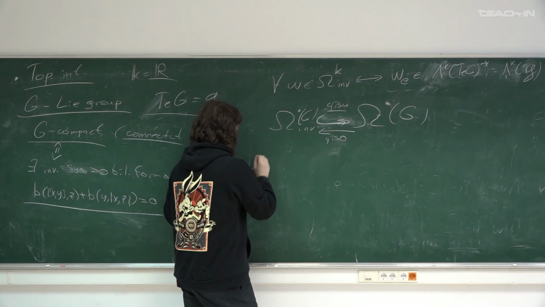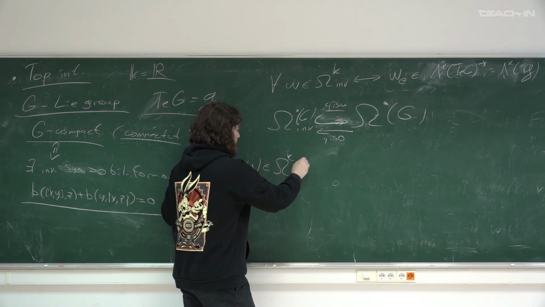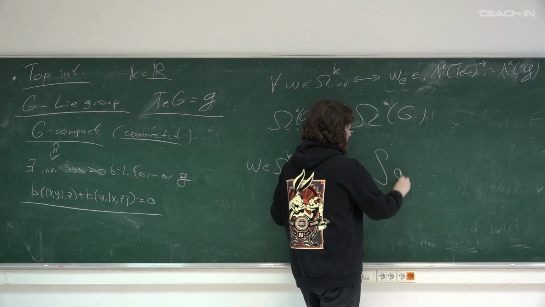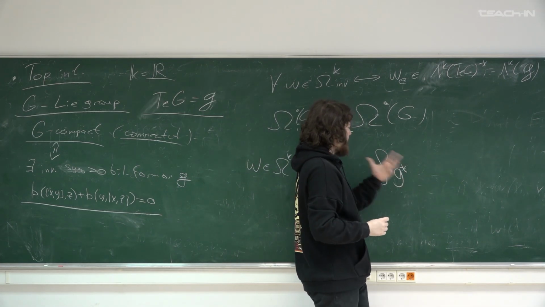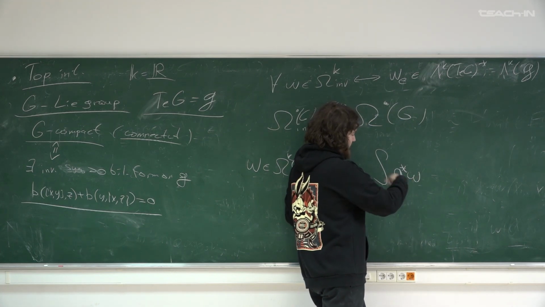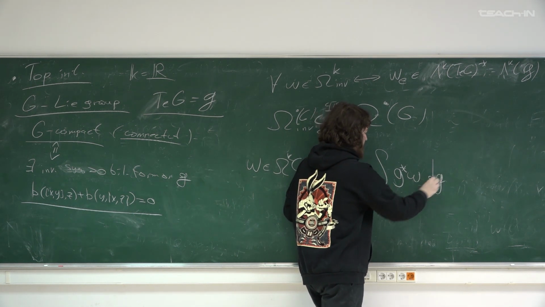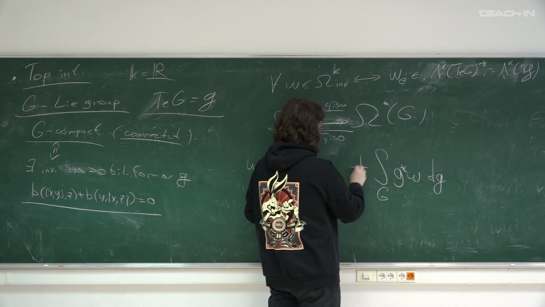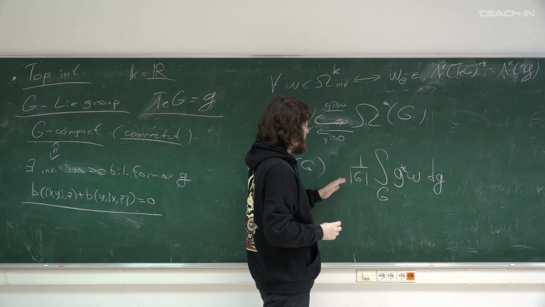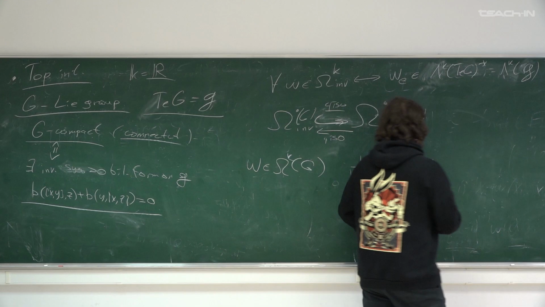If I have any differential form, then I consider translations by the group itself of my form. The form depends on g. I integrate over G, and then divide by the volume of G itself. This is the Haar measure.